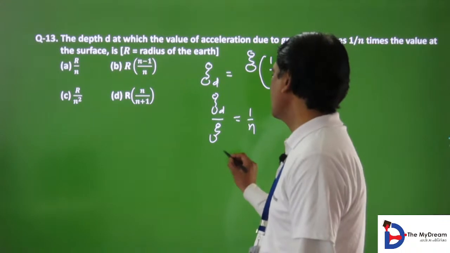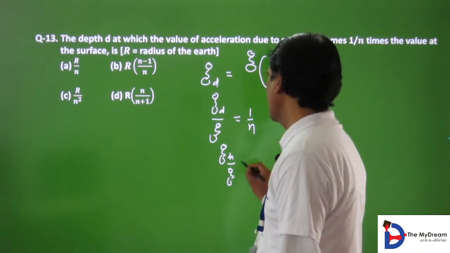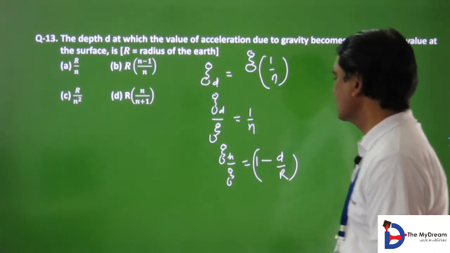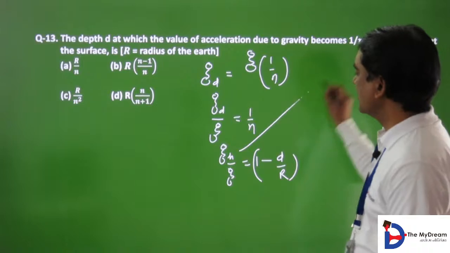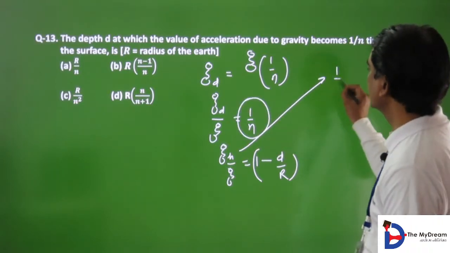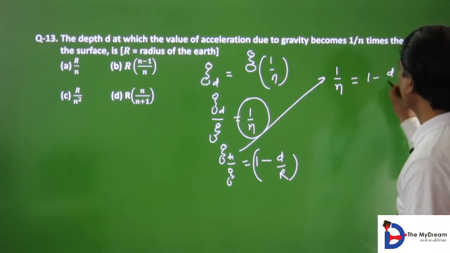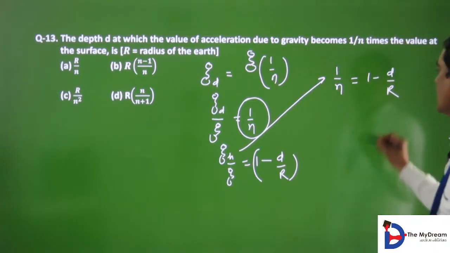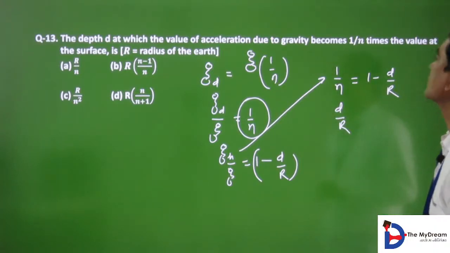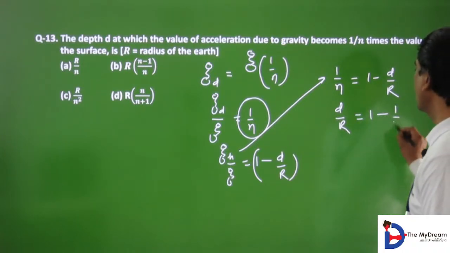As we know, Gd by G, that is 1 minus d by R. So, in place of this, you can write down 1 by n equals 1 minus d by R. So, d by R is 1 minus 1 by n.